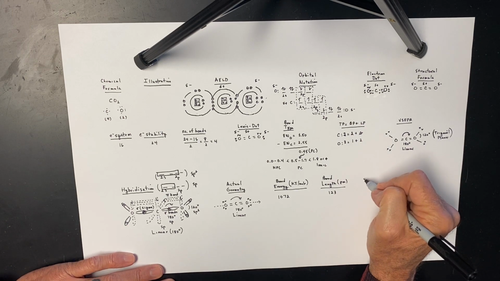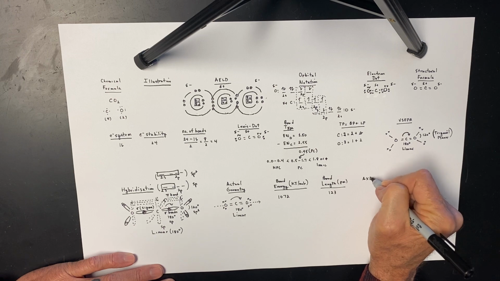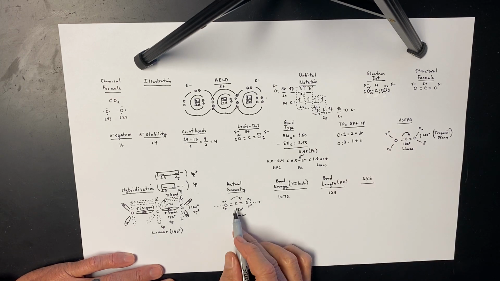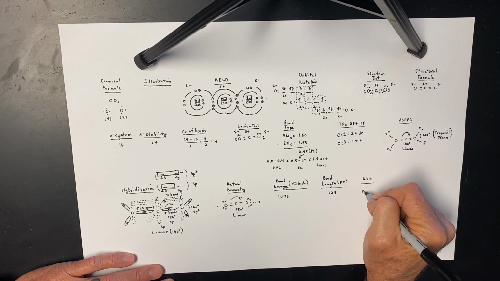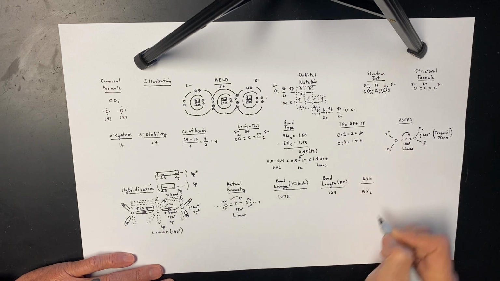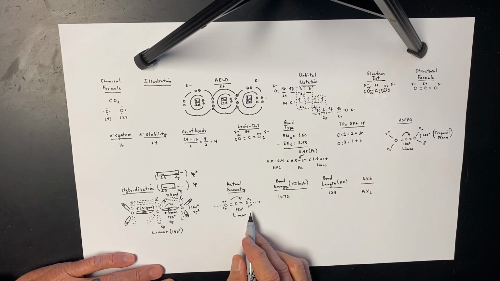And then we get to the AXE system. In the AXE system, we're only looking at the central atom. And we can say that carbon is the central atom and it has two bonded pairs. So we say that this is an AX2 molecule.